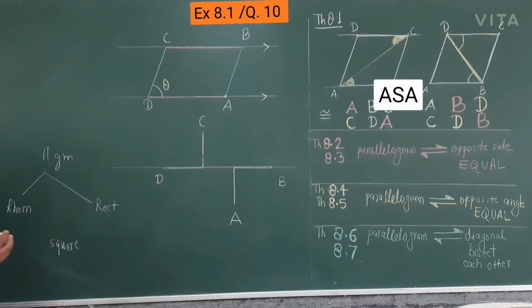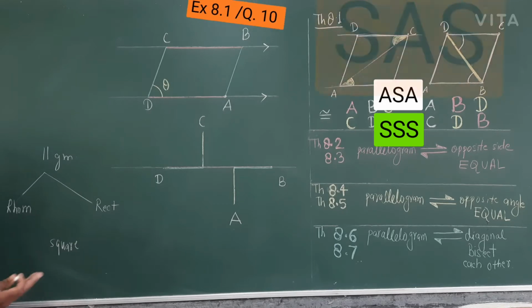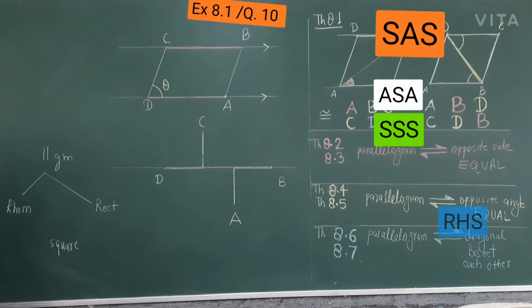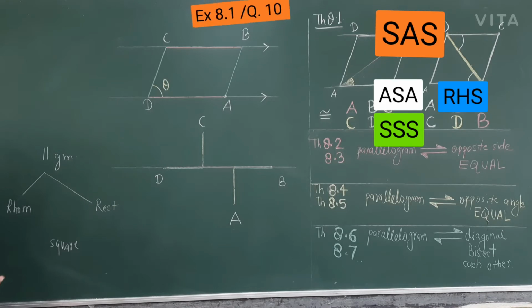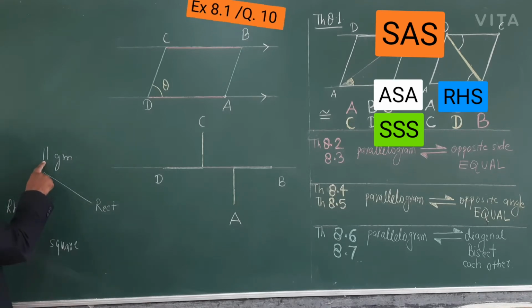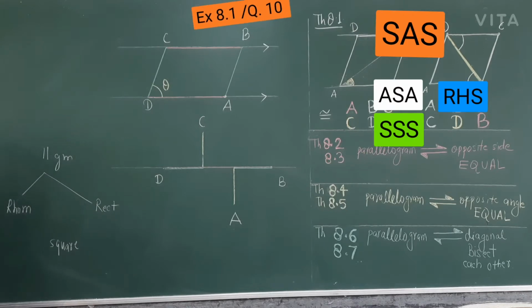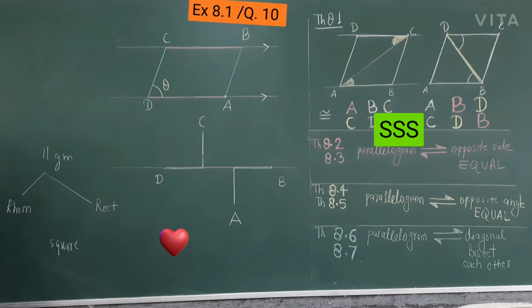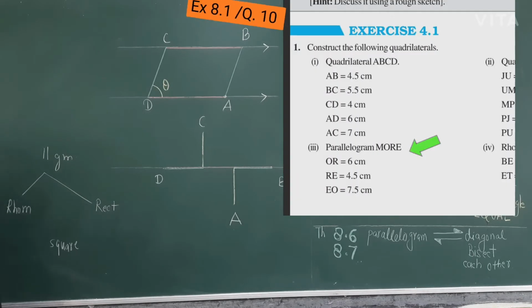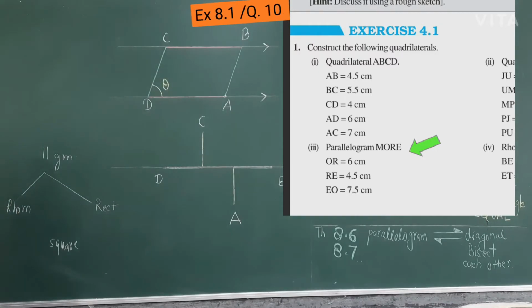You have read SAS, ASA, RHS, all the four criteria. Similarly in parallelogram, it is given in class 8th, chapter number 4, I think, construction of quadrilaterals. Very soon I will join that photo here also.